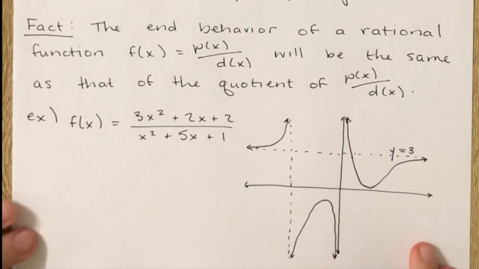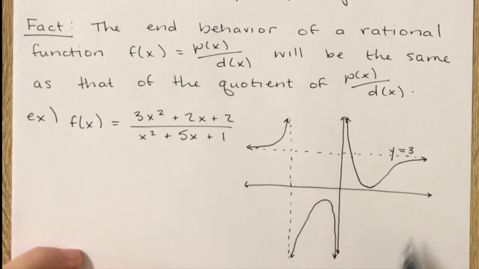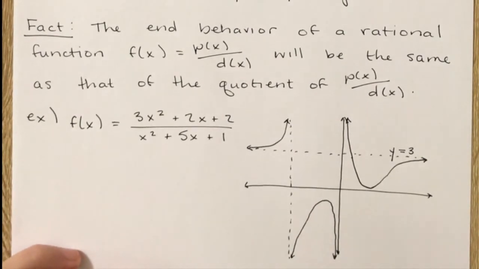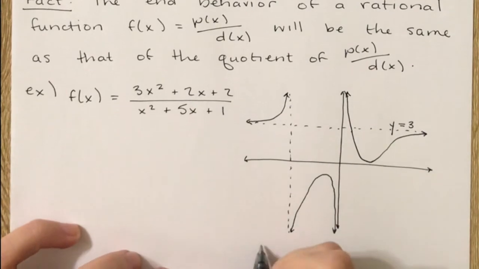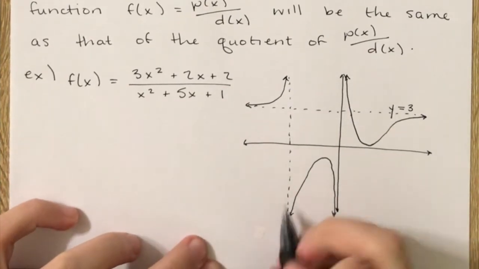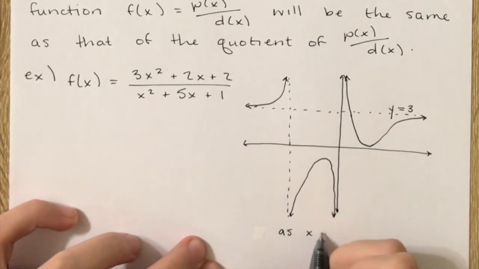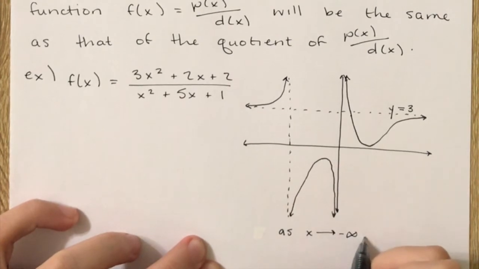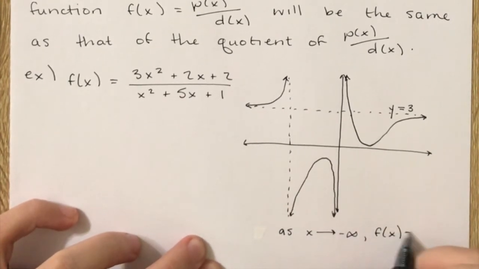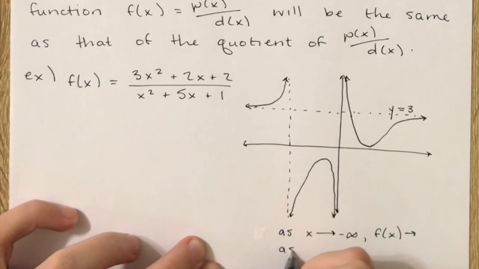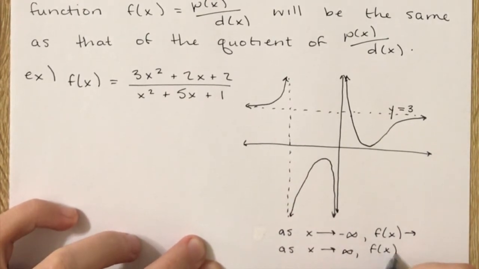So first of all, I'd like for us to determine the end behavior of this graph just from looking at it. So what is the end behavior here? Remember, that looks like this, right? So as x approaches negative infinity, f of x approaches what? And as x approaches positive infinity, f of x approaches what?